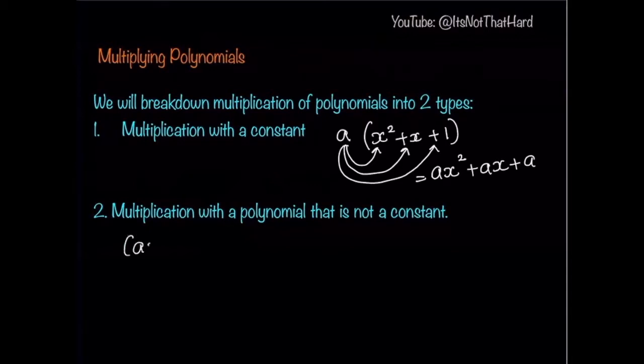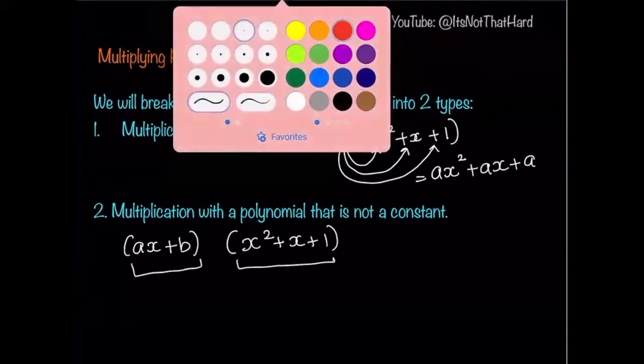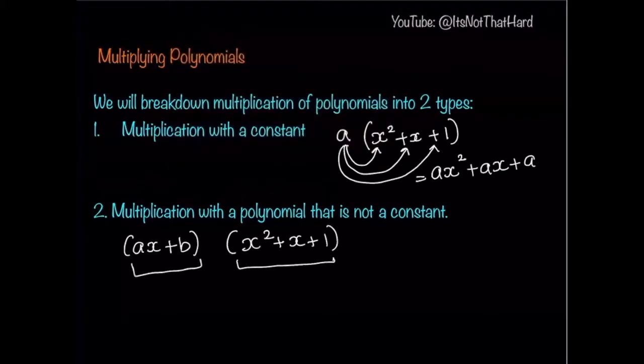Now, when you want to multiply a polynomial with another polynomial, I'm going to use the example ax plus b. So this is going to be my polynomial. And I'm going to be multiplying it with the same polynomial I used in this first case, x squared plus x plus 1. In this case, you have to make sure that you multiply this polynomial with each term. So what do I mean by that? So let's say we want to first use the ax.